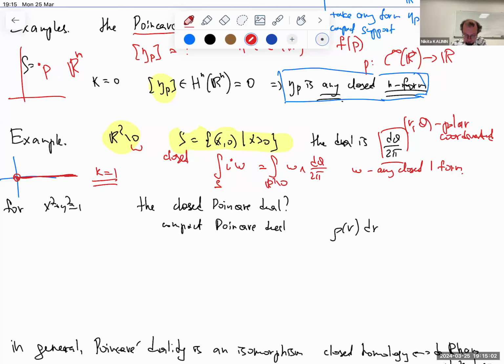Maybe, but how? Well, first of all, I propose to write omega as a one form in polar coordinates. So omega is a certain function f dr plus g d theta, right?